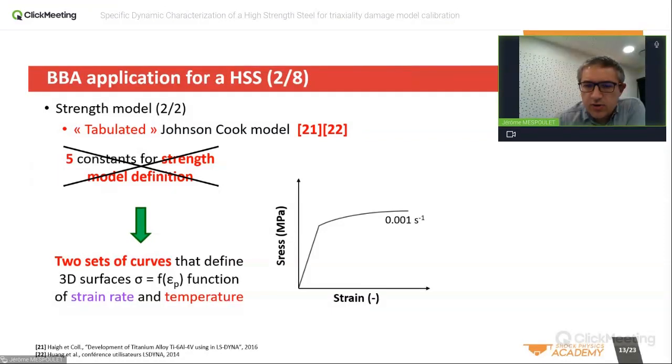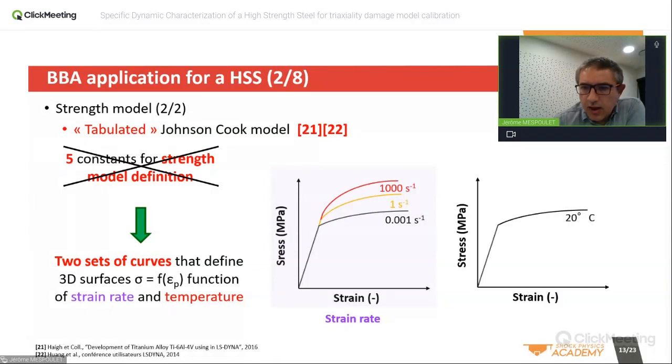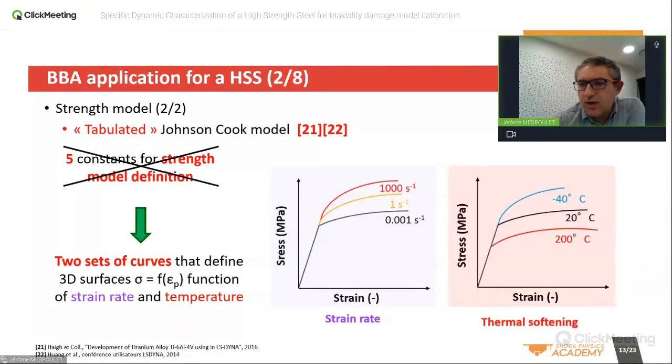If here we look at the strain weight, you see the strain weights are defined by various curves, and each curve is given for a specific strain weight. And after, you also make some tests that can be done in quasi-static, in room temperature, in negative, and in high temperatures. And so it will define some curves with the thermal softening, and you get various sets of curves that define 3D surfaces, and so the strength model will travel depending on the condition on those various curves.